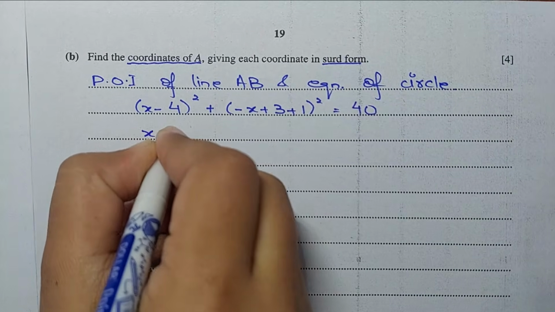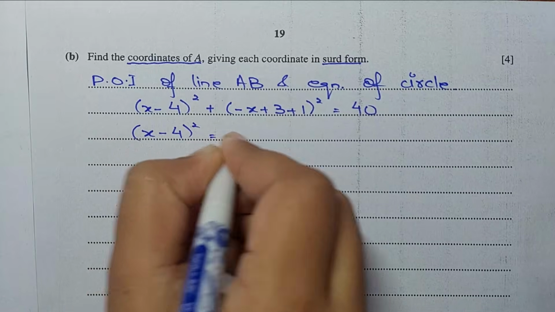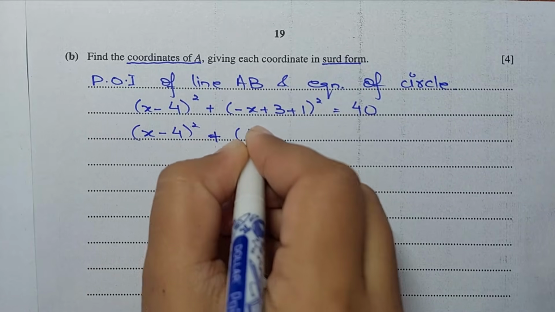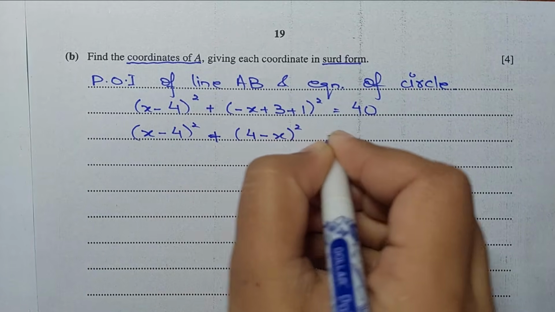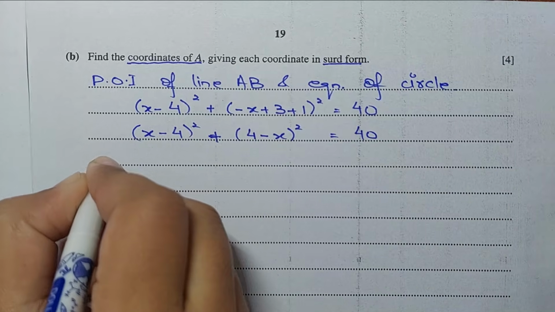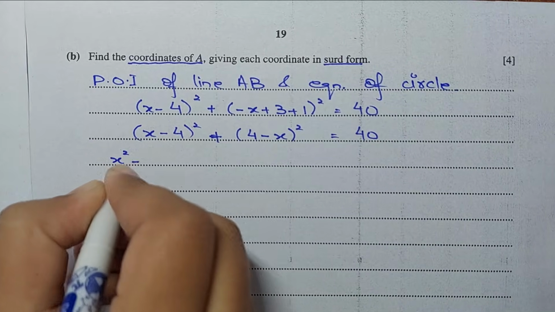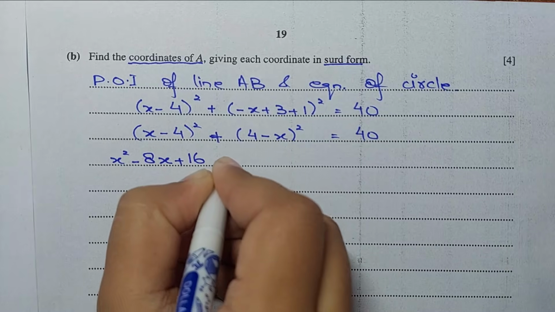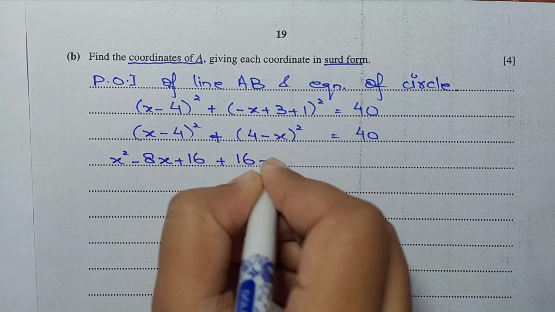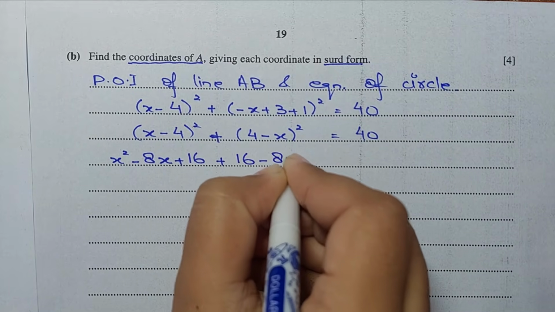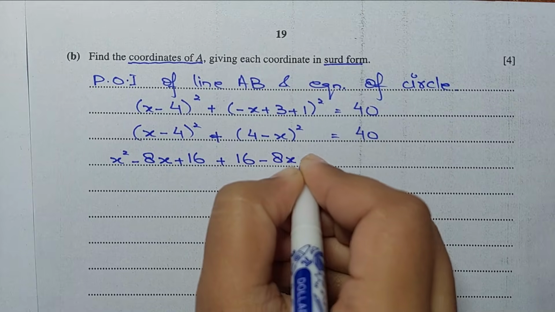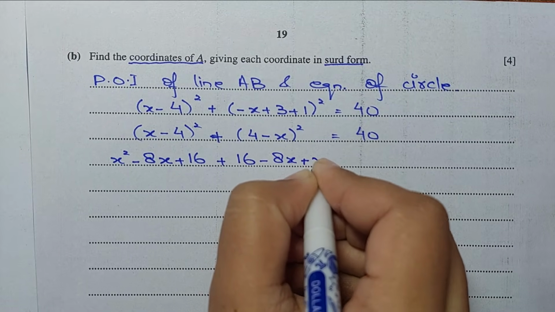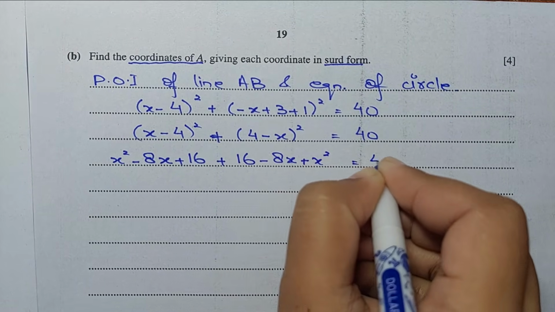This is x minus 4 whole square, and this is 4 minus x whole square equals 40. Open the square. x square minus 2 times 4 is 8x, plus 4 square is 16, plus 4 square is 16, minus 2 times 4 is 8x, plus we have x square, right? This equals 40.